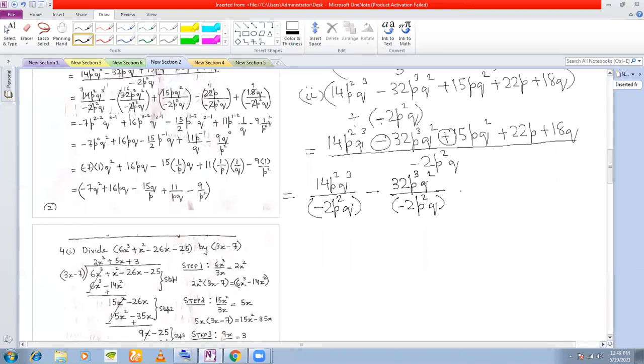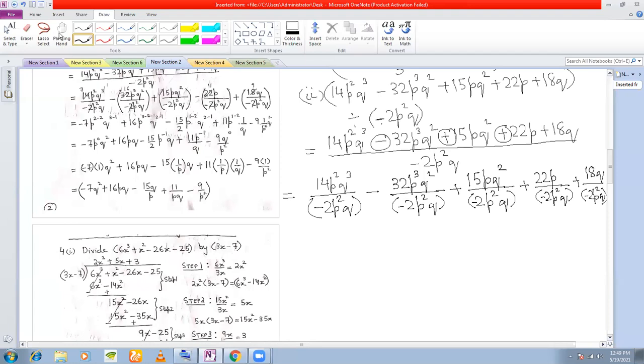Now you take this plus sign, write it here: 15pq² divided by minus 2p²q. Now you take this plus sign, write it here: 22p divided by minus 2p²q. And next you have 18q divided by minus 2p²q.